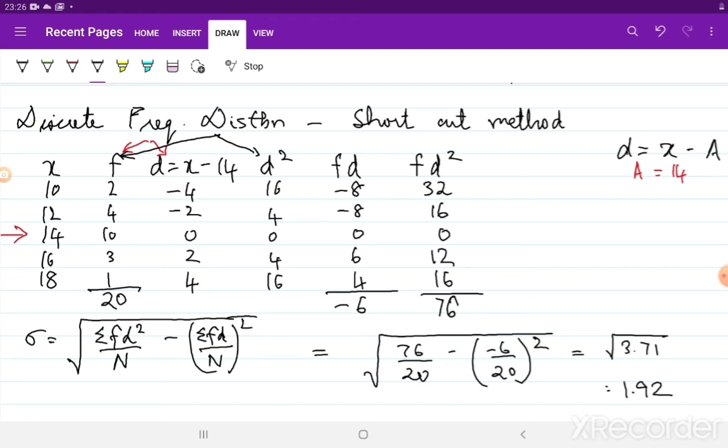So as you can see, the advantage of this shortcut method is that I'm getting simpler numbers and smaller products to add up, right?